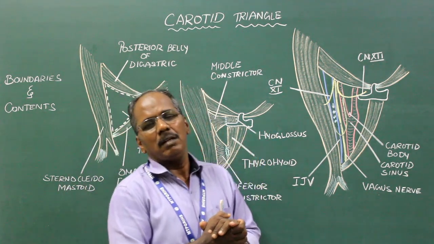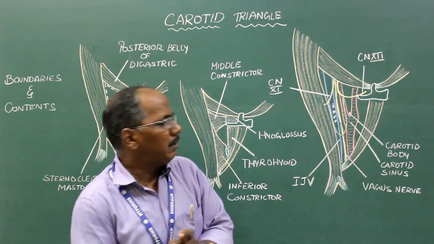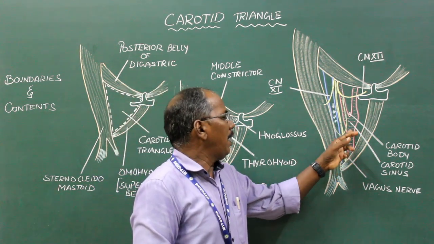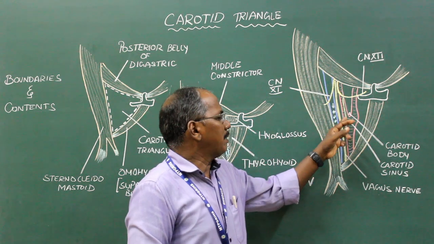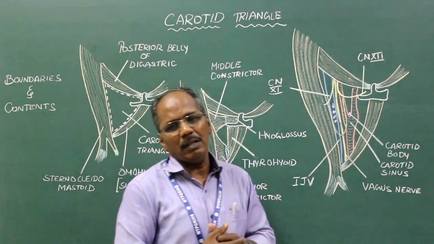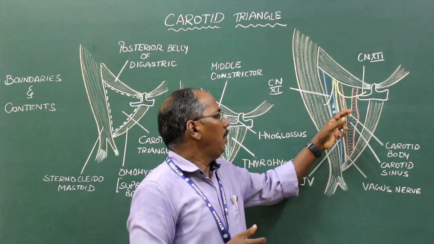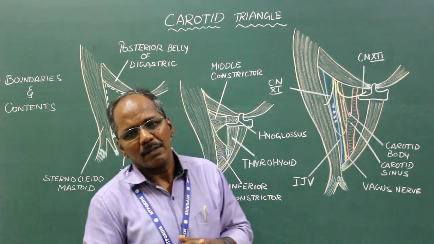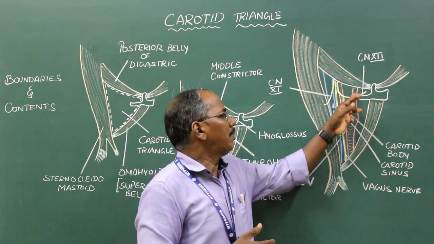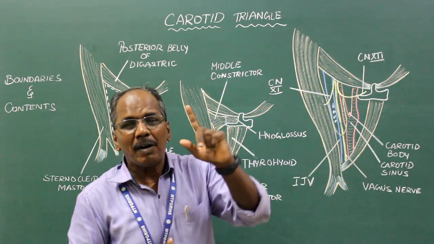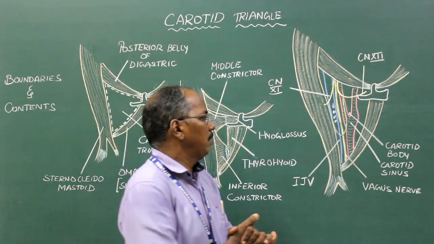So once I will repeat. Number 1, common carotid artery, carotid sinus, carotid body. Number 2, internal carotid artery. Number 3, external carotid artery with its first 5 branches.